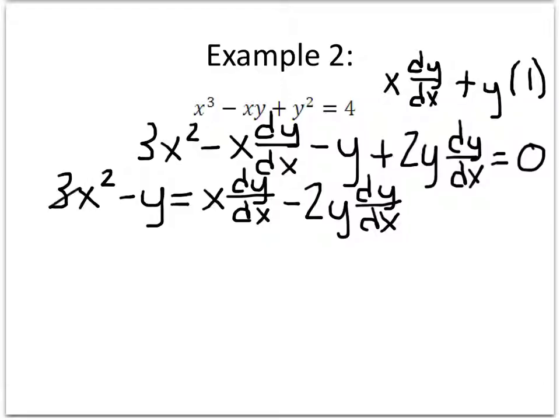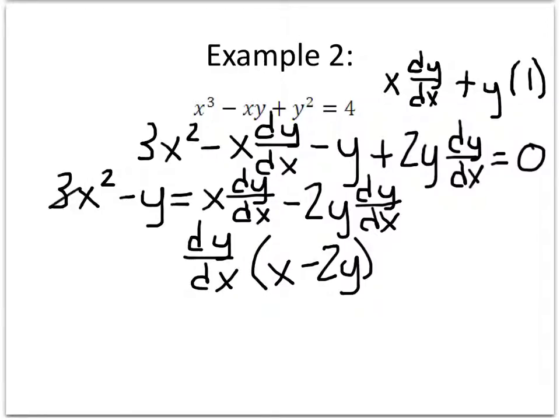And then as you can see on this side, both of the two parts of the right side of the equation have dy over dx in them. So you can factor them out, and that becomes dy over dx times x minus 2y. And then you have yourself a simple problem again, where you can just divide by this part to get dy over dx by itself.